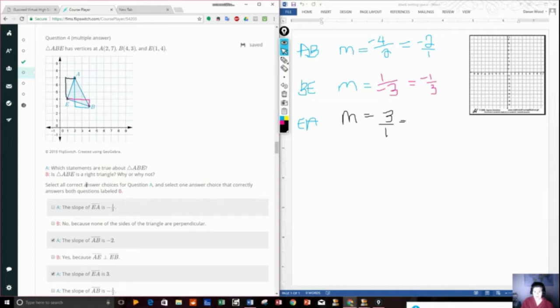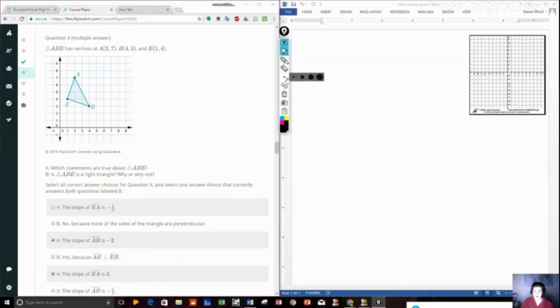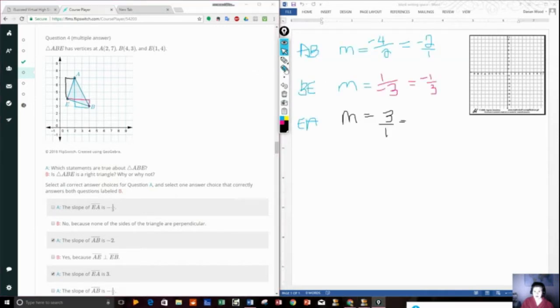And so now let's answer B. So the first thing we've got to do is check for any perpendicular sides. So I'm going to take adjacent sides, or sides that are connected. So AB to BE. So is AB perpendicular to BE?